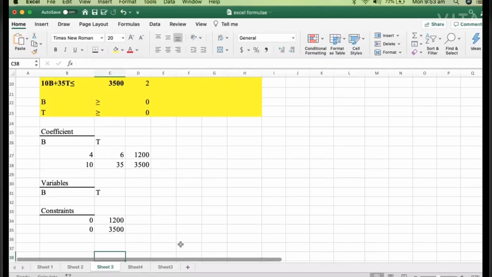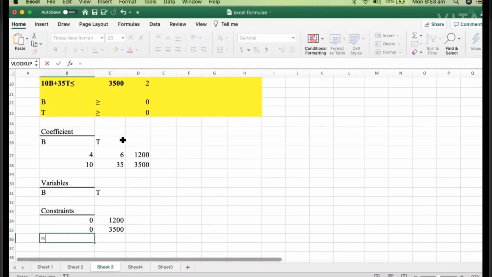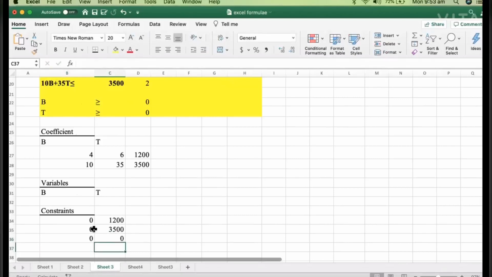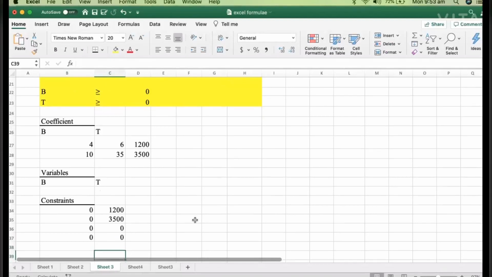And the next one is B should be more than or equal to 0, and the second one, T should also be more than or equal to 0. So I have set my constraints.